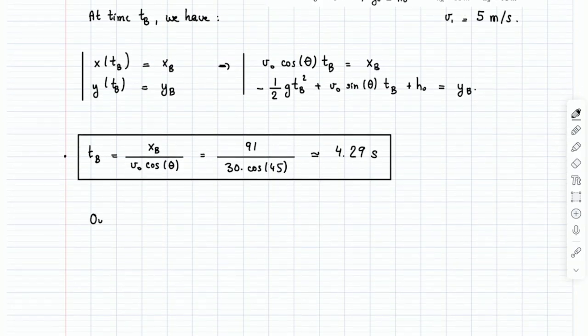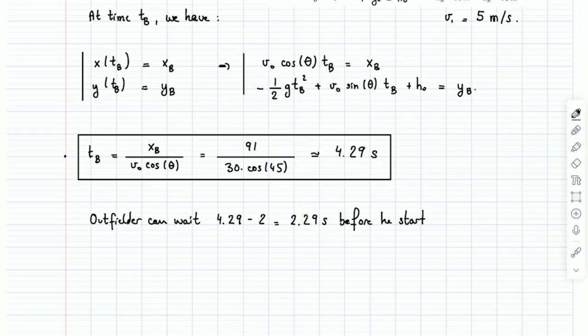So the outfielder can wait TB minus, well, I didn't name the other amount of time, so can wait 4.29 minus 2 is equal to 2.29 seconds before he starts running to catch the ball at point B.